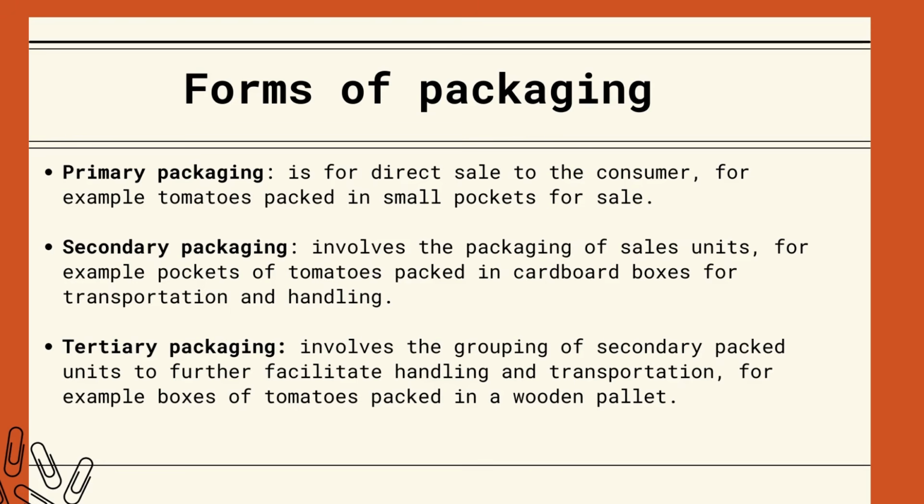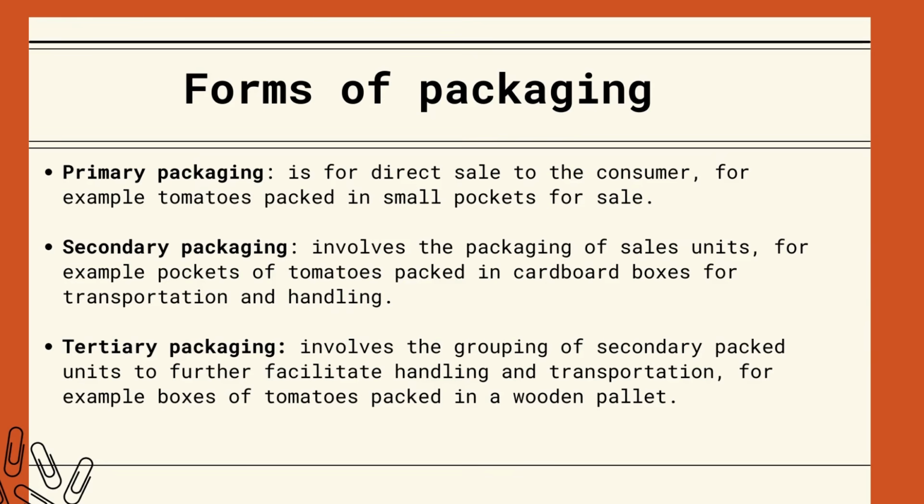For example, the packets of tomatoes are then further packed in cardboard boxes for transportation as well as handling. Then we've got tertiary packaging. Now, this involves the grouping of secondary packed units to further facilitate the handling as well as transportation. For example, now, the boxes of tomatoes are packed on a wooden pallet.